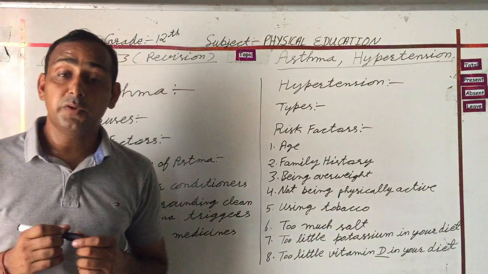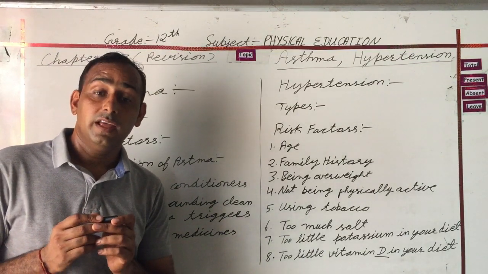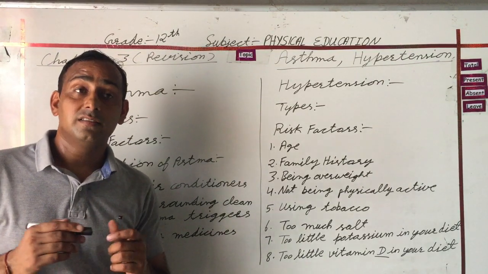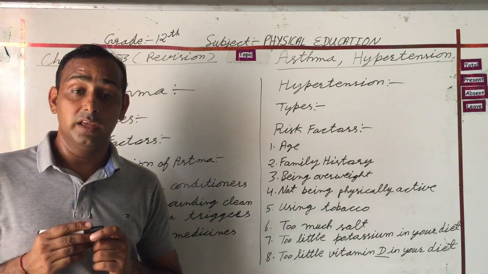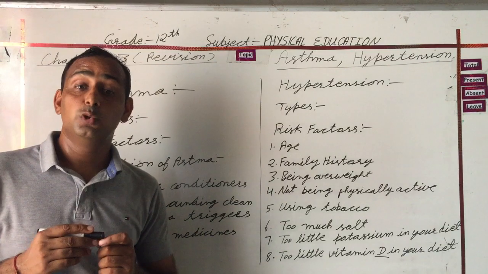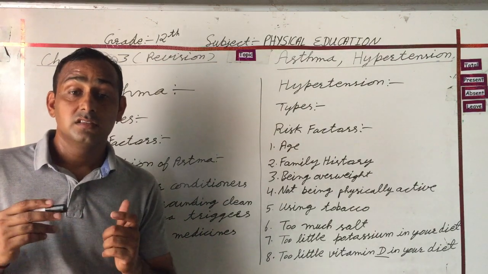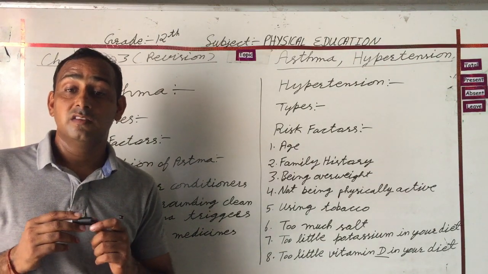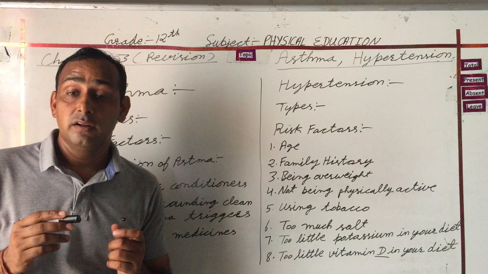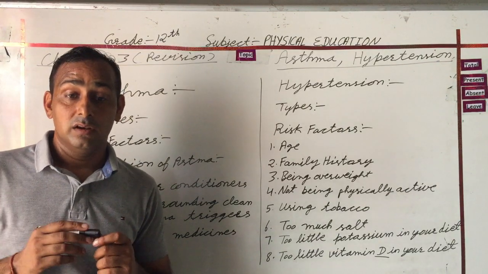Next is respiratory infections such as the common cold. Next is physical activity, exercise-induced asthma. Next is cold air. Next is air pollution, such as smoke. Next is certain medicines, including beta blockers, aspirin, ibuprofen, and others.